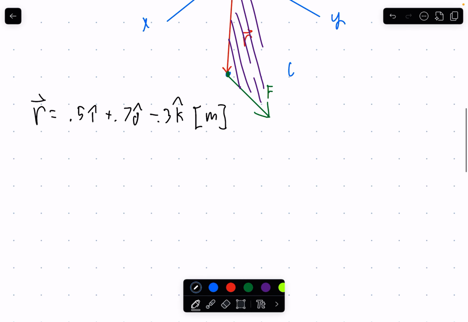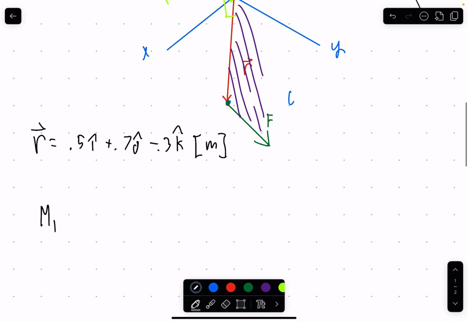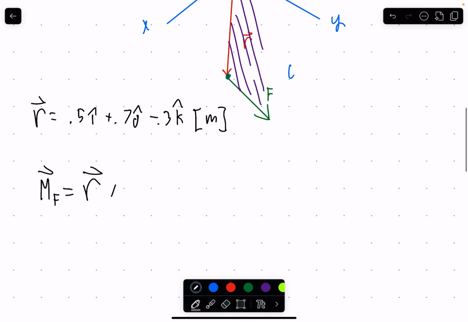So by definition, we know that the moment caused by F is going to be equal to R cross F. Moment is a vector, important note that. It's the position vector R cross the force vector.